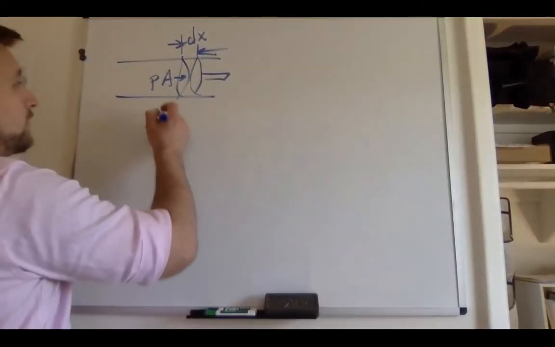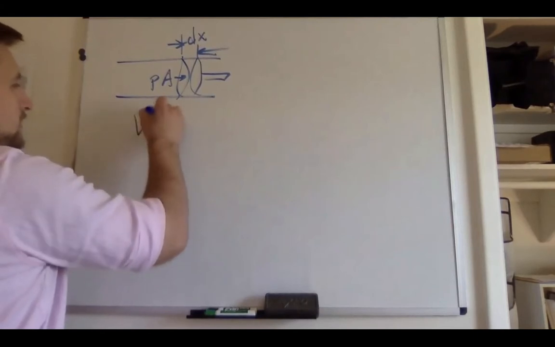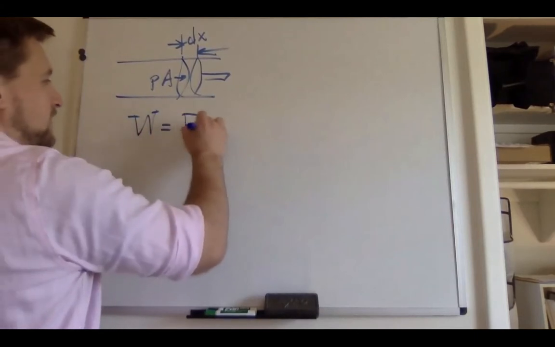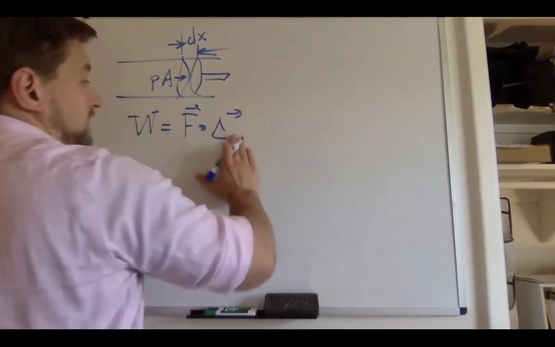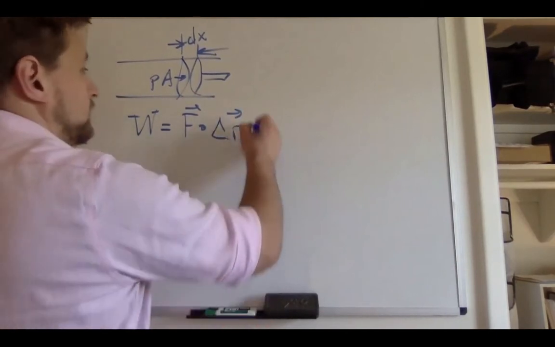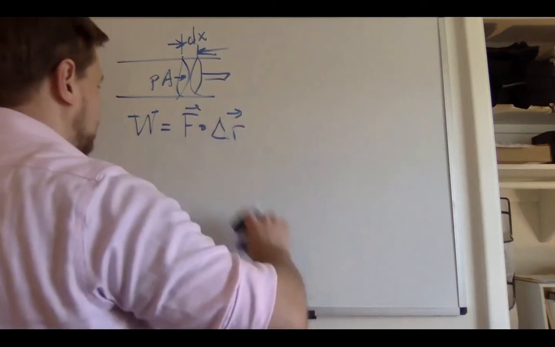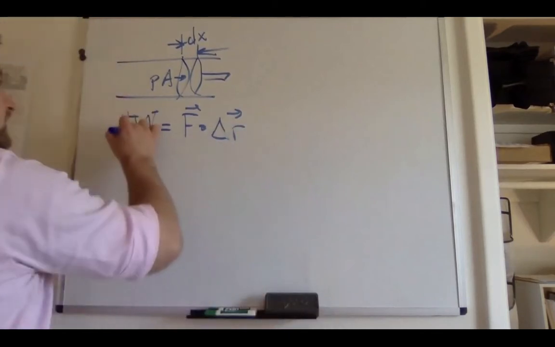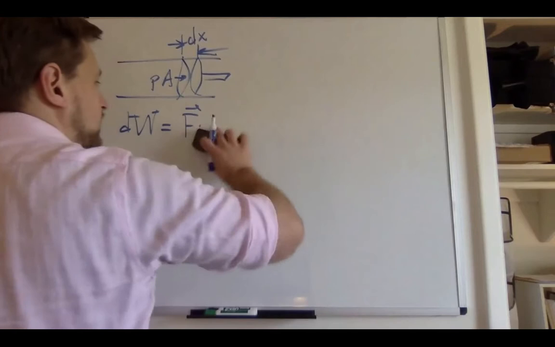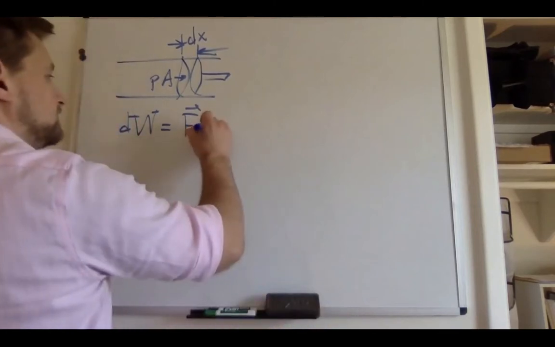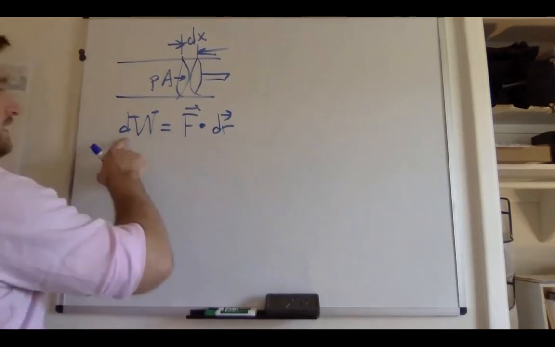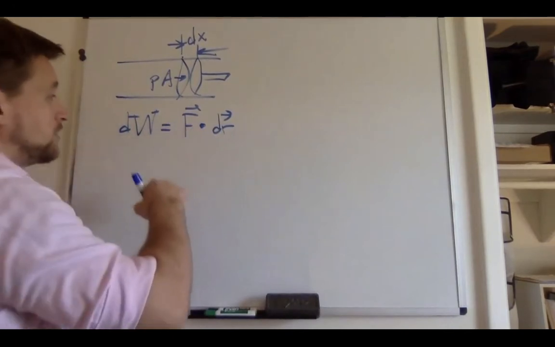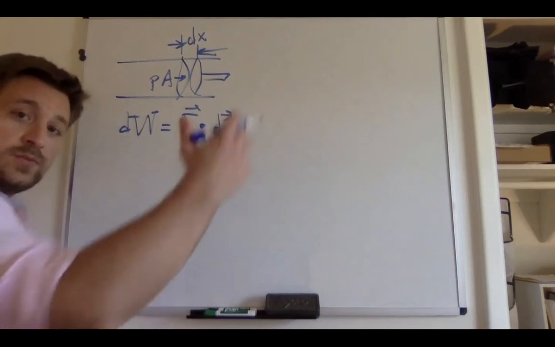The work that's done is the force dot the displacement, delta R, I suppose. You know what? Let's do it this way. For some small dr, we can do a differential amount of work according to the dot product. If we want to talk about the total work done, we've got to integrate.